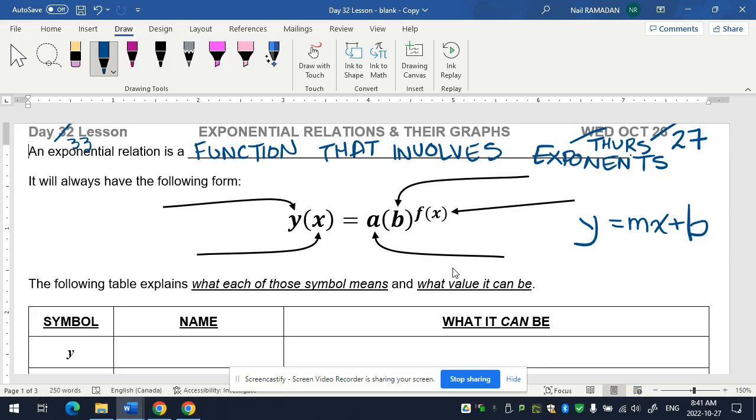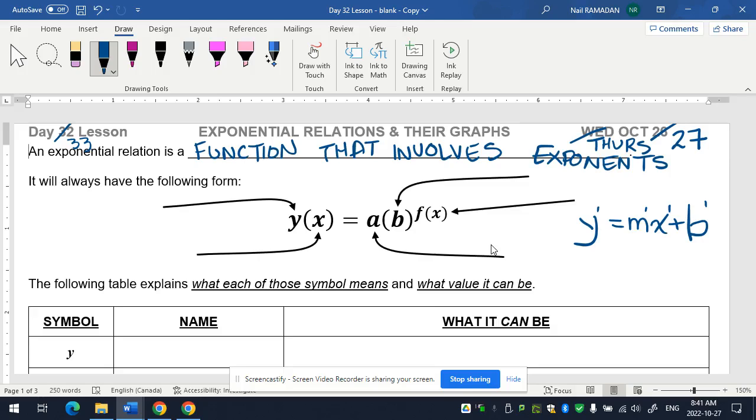Where's the exponent here? Okay, Shadi. In general, everyone, all of these have what power? Is one an interesting or not an interesting power? Not exactly. That's why we do not call this an exponential relation.